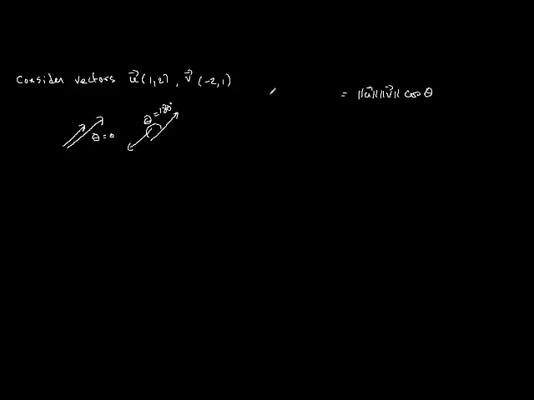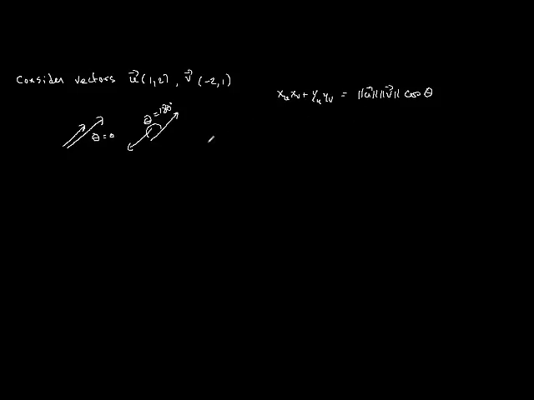But this is also equal to the x components, xu times xv, multiplied together, plus the y components, so yu times yv. So we know the components of vectors u and v, and we can find the magnitudes of u and v. Therefore, we can solve for theta, and if theta is 0 or 180 degrees, then they are not a basis.